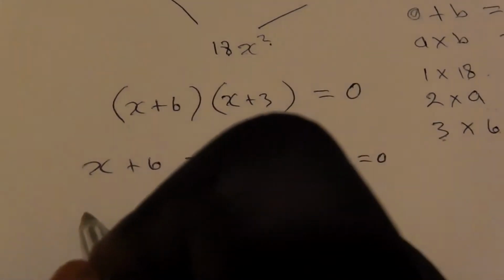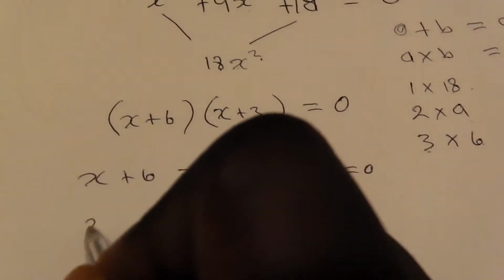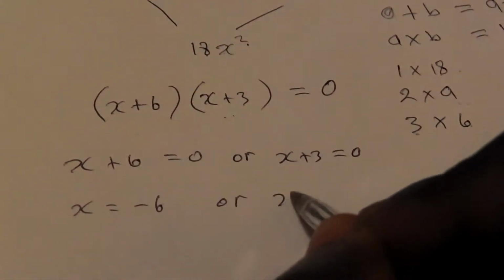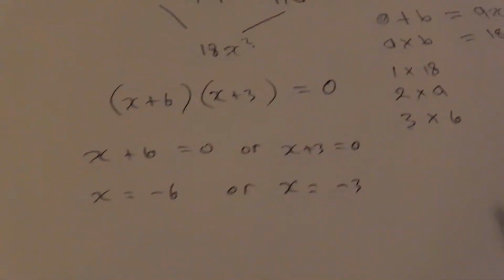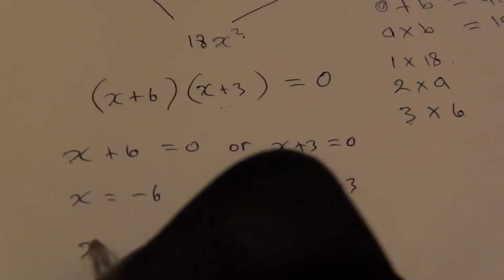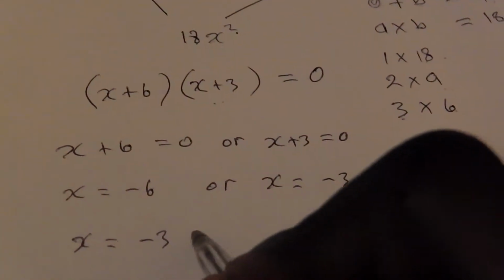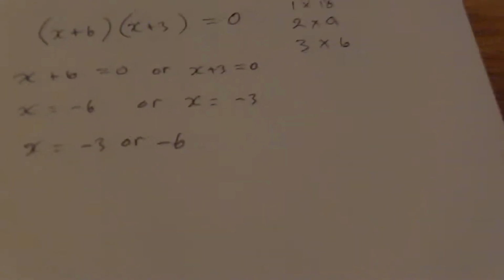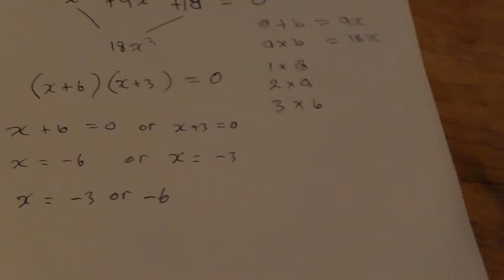If x plus 6 is equal to 0, then x will be equal to negative 6, or x will be equal to negative 3. So this implies that our x is equal to negative 3 or negative 6. Okay, so here we've got our roots of this quadratic equation.